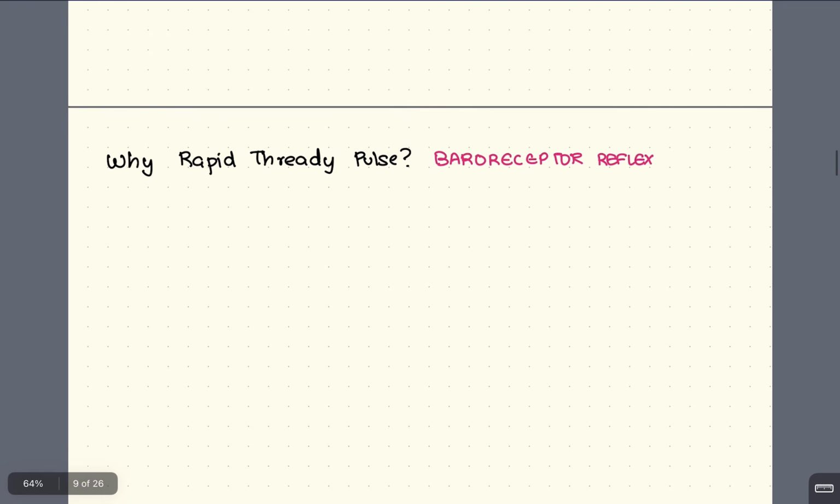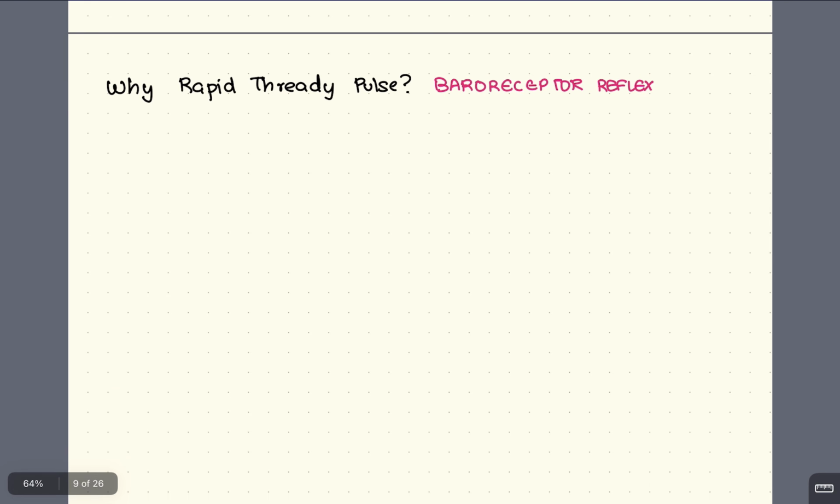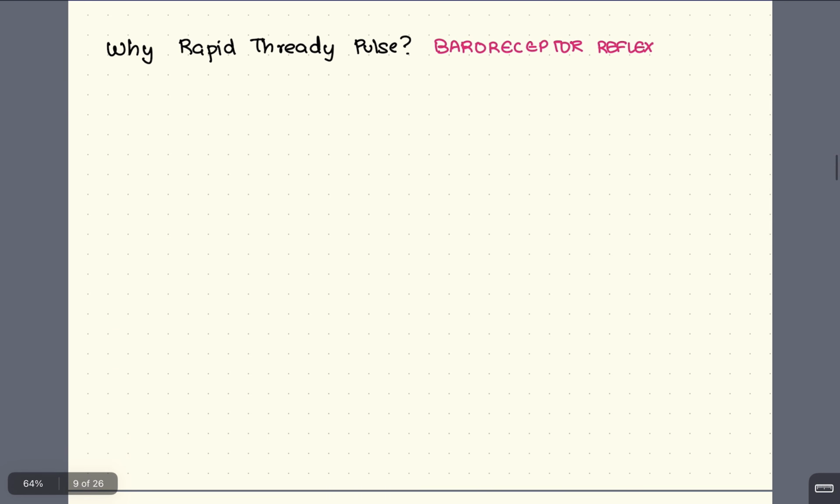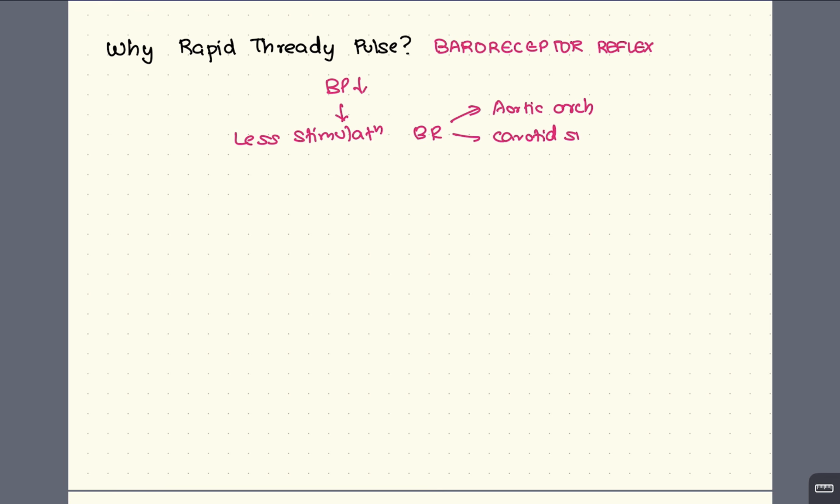First, why is there a rapid thready pulse? When such a question comes, you have to write about the baroreceptor reflex. Let's see what happens. The main problem in shock is decreased BP. Because of the decrease in BP, there is less stimulation of the baroreceptors, which are the aortic arch and carotid sinus.